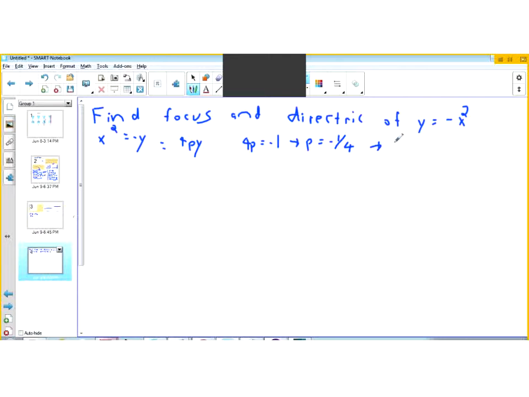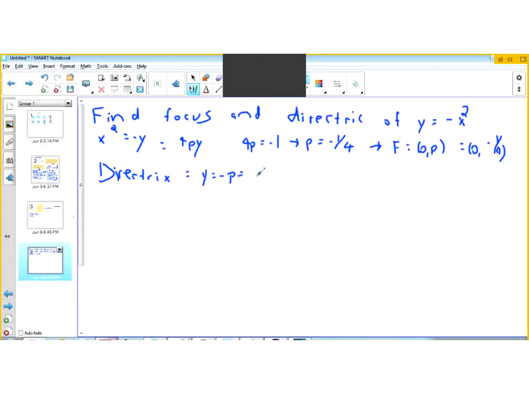And that implies that the focus is equal to the point (0, p), which is (0, minus 1/4). And then the directrix would be the line y equals negative p.